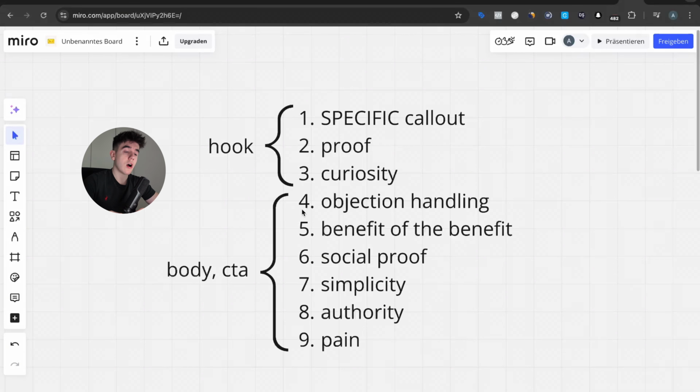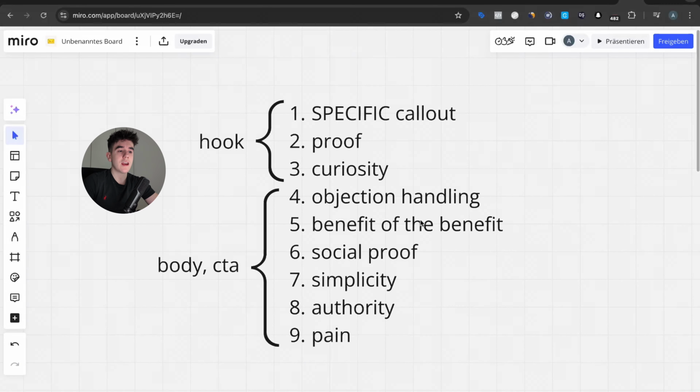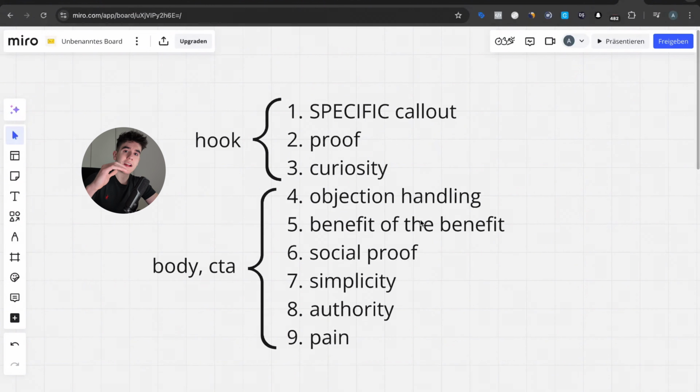Number 5 is to actually talk about the benefit of the benefit, right? Most people just mention the technical benefits or just scratch the surface of everything, but you really need to understand what's the true benefit behind that benefit. What's the desire that people actually want to achieve if they take your offer? What's the dream outcome? If you don't talk about that in your ads, of course more people will click on it, because if you mention some quick technical benefits, your ad is going to be shorter and engage with more people.